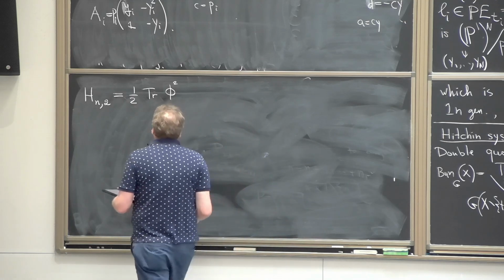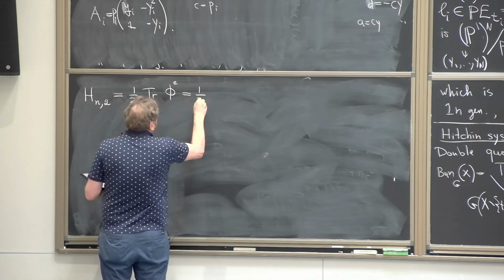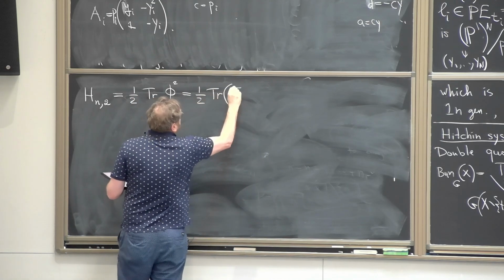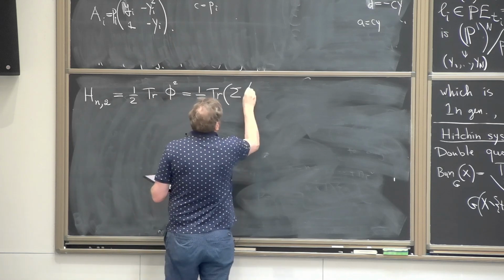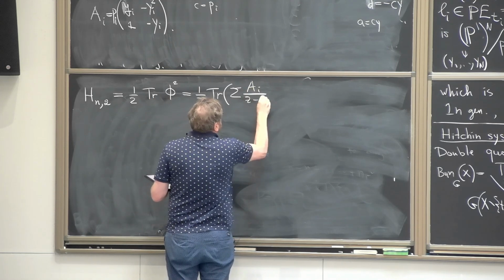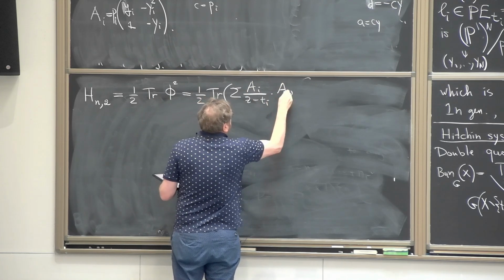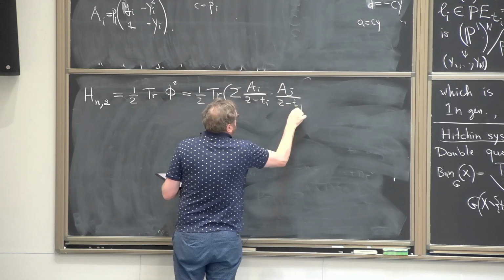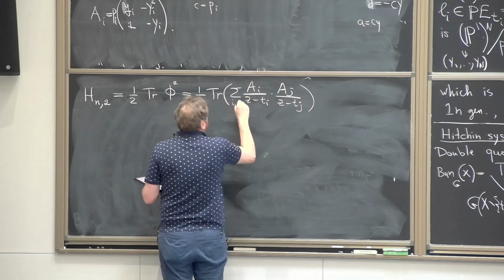Well, we can calculate what this is. This is 1/2 of the trace of the sum of a_i over z minus t_i, a_j over z minus t_j, over i and j.